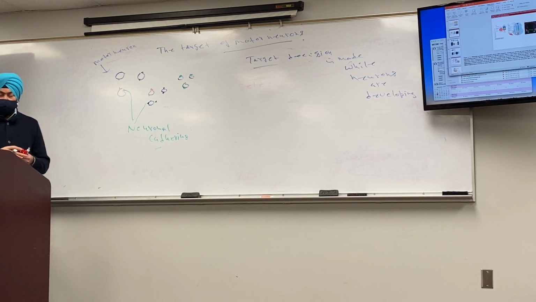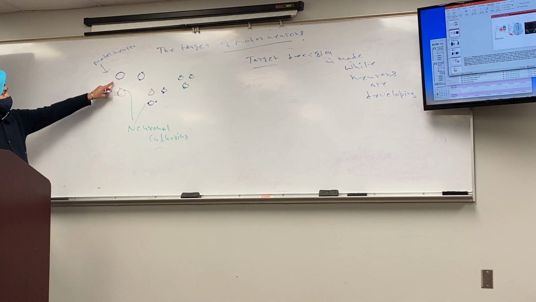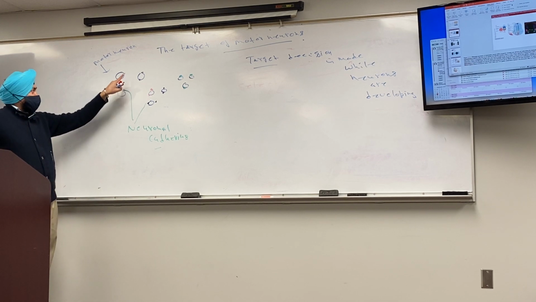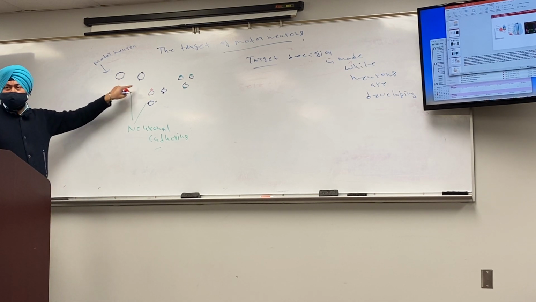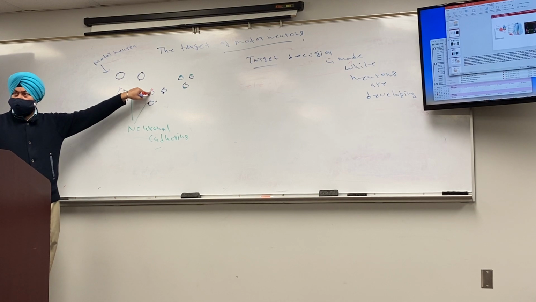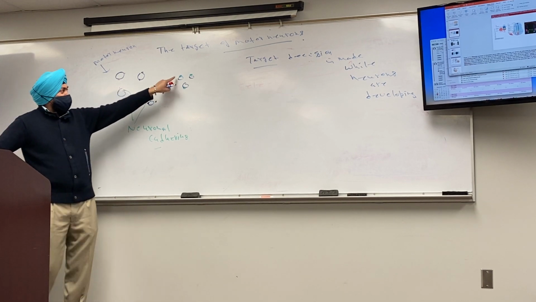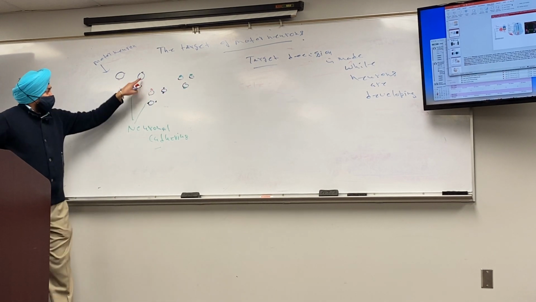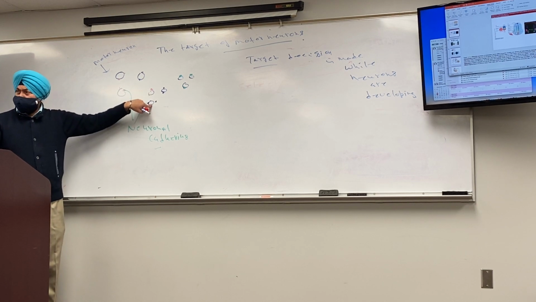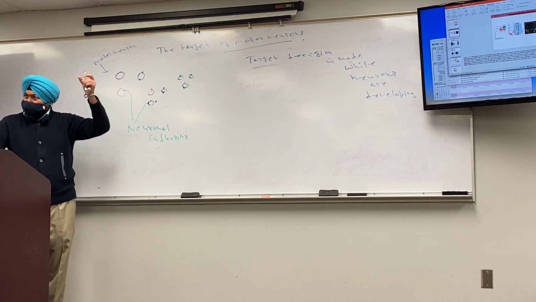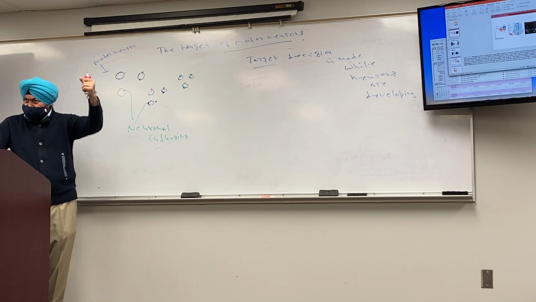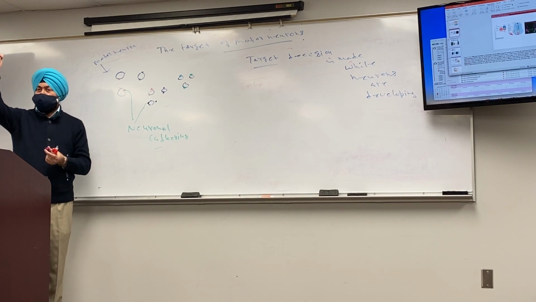Now, here if you pay attention, these 3 cells, 1, 2, 3, are expressing a similar type of neural cadherin. These 3 are expressing a similar type, and these 3 are expressing a similar type. So neurons expressing a similar type of cadherin bundle together.